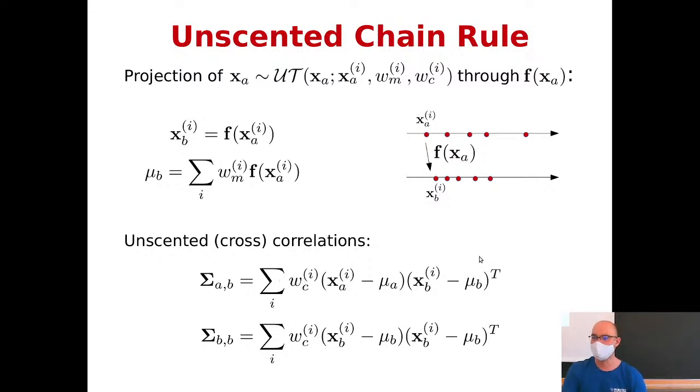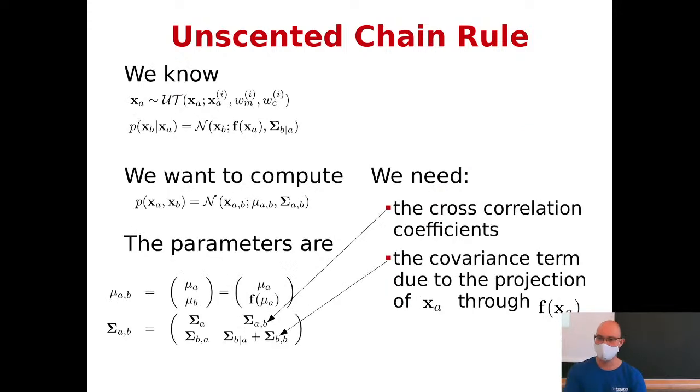This formula here tells you how to recover the cross covariance between the XA and XB, and this is in general not square. And this is how to determine the covariance component of XB, to which we did not yet add the intrinsic noise, the intrinsic error, which was injected by sigma of B given A.